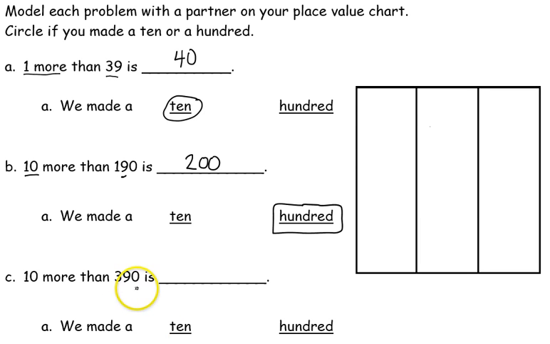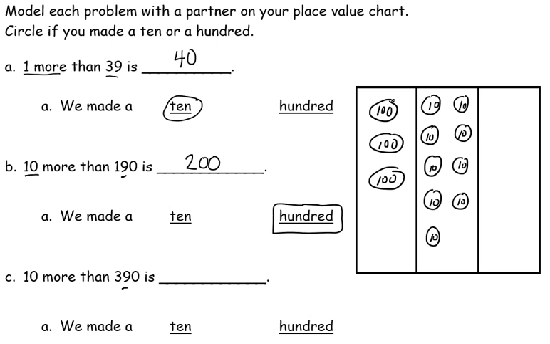Next, we're going to start with 390. So I need 3 disks in my hundreds column to show the 300. And then I need 9 disks in my tens column. And there's my 390. We're going to take 10 more than that number, which means, again, I will add a tens disk.